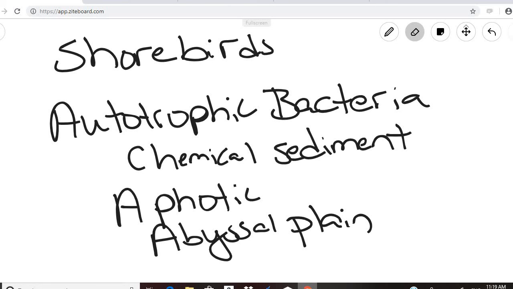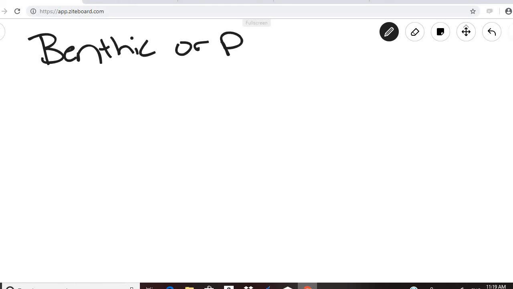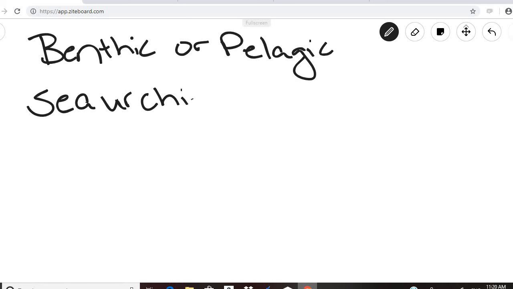We can also then talk about whether organisms are benthic or pelagic. So a sea urchin, we would say, is benthic.